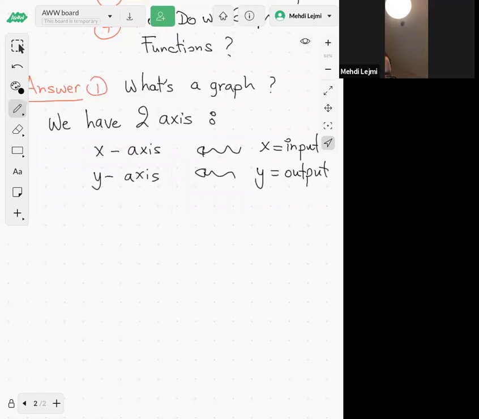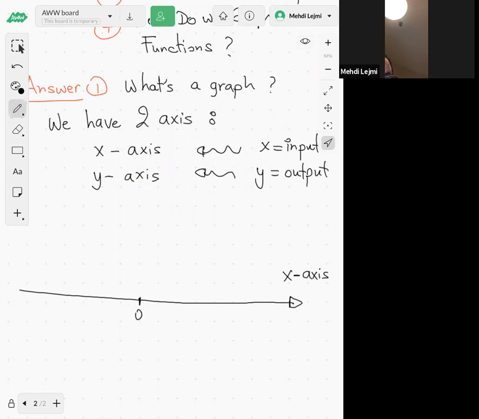It's just your number line, so you can put numbers.